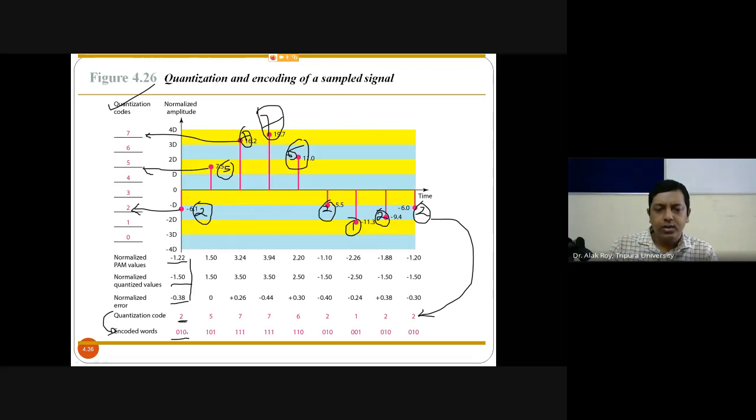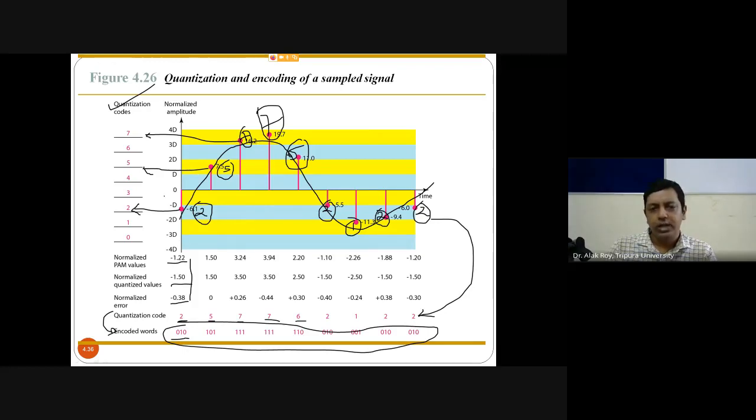Binary of 2 is 0 1 0, binary of 5 is 1 0 1, binary of 7 is 1 1 1, binary of 7 is 1 1 1, 6 is 1 1 0. In this way you are getting a bit stream for your signal of this form, which was generated by your PAM modulation or sampling.